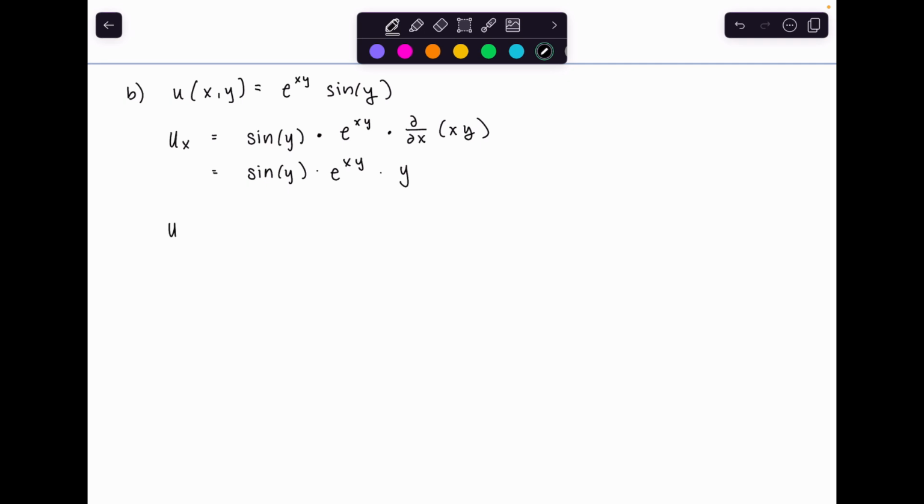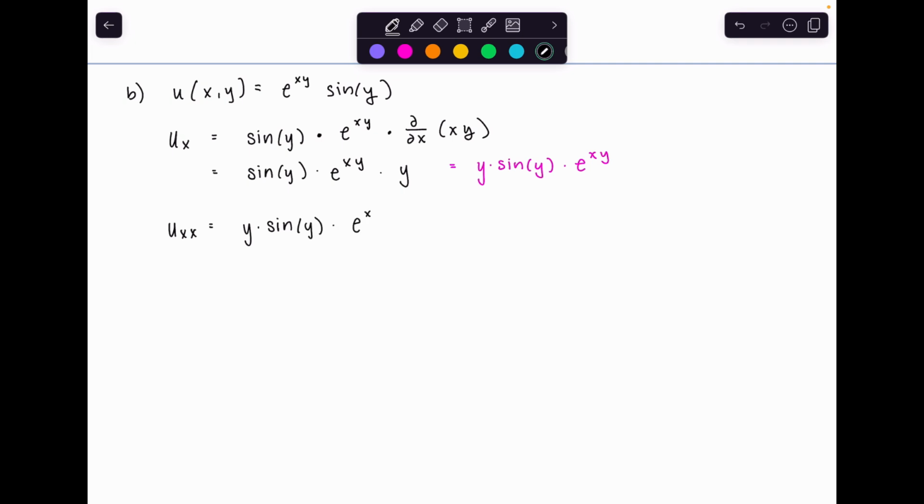Now let's go ahead and find the partial with respect to x again. So these are both constants. This is the only thing that's dealing with x. So I'm even going to rewrite this just to keep those together. We've got y, sine of y, and then e to the xy. So the y times sine of y stays out front.